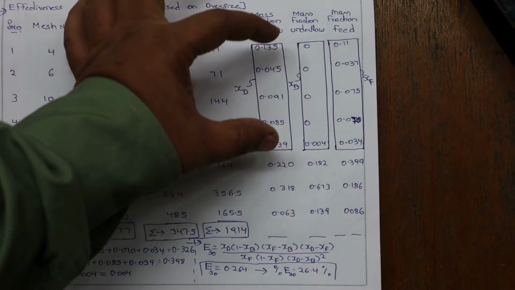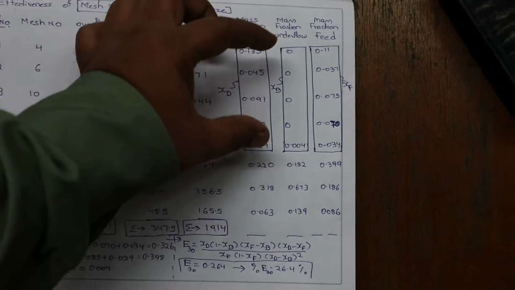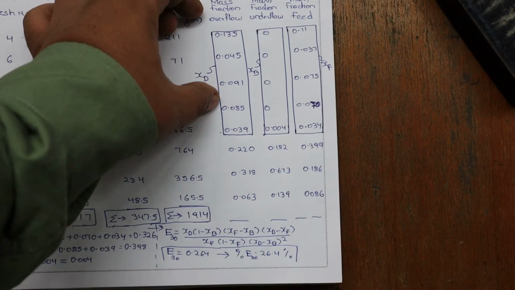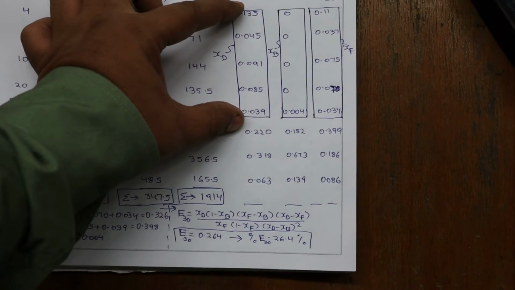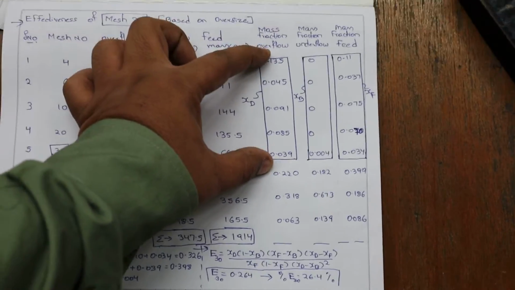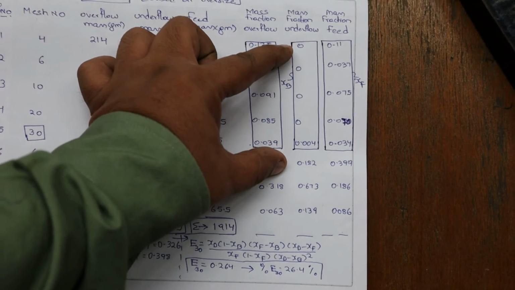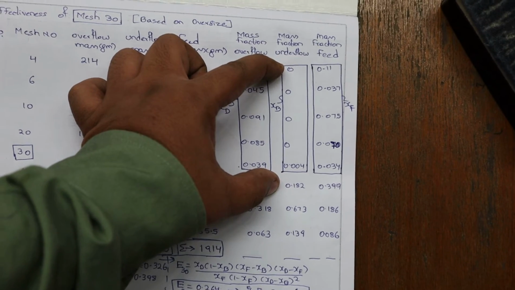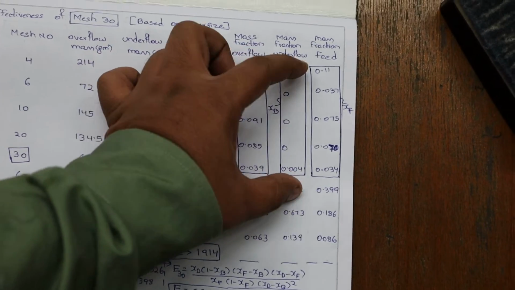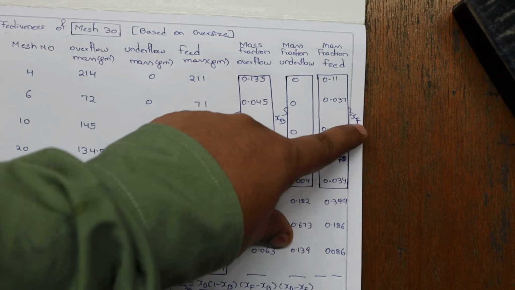That is why we summate all the fractions over screen number 30.